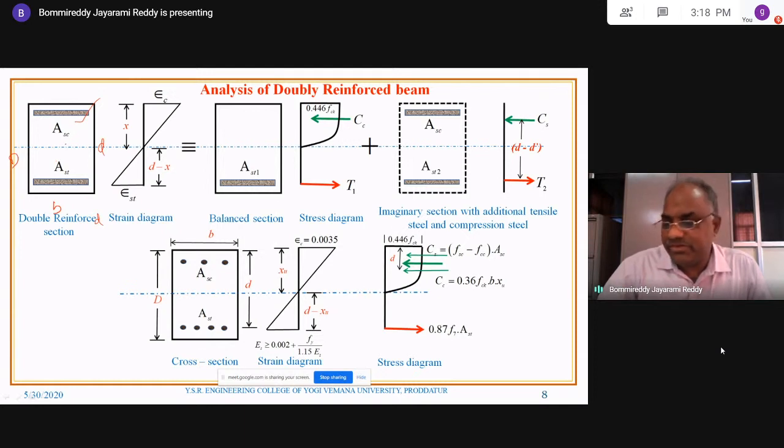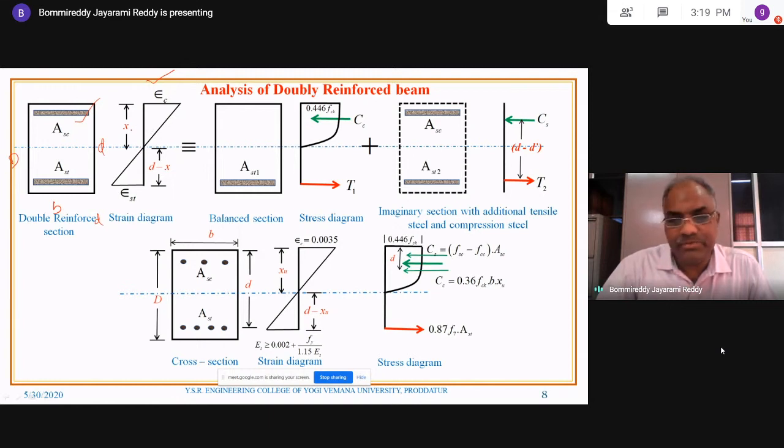And whatever the section may be, one of the basic assumptions is that the strain is proportional to the distance from the neutral axis. This is one of the assumptions in the limit state method of design, and the strain diagram is always the same. So this diagram is the same as that used for the singly reinforced beam.